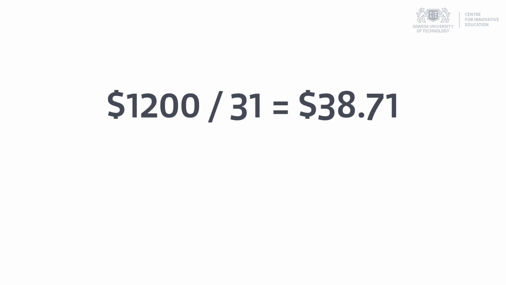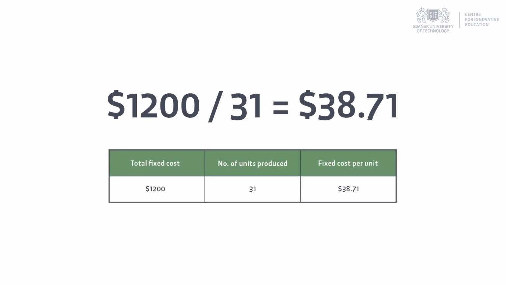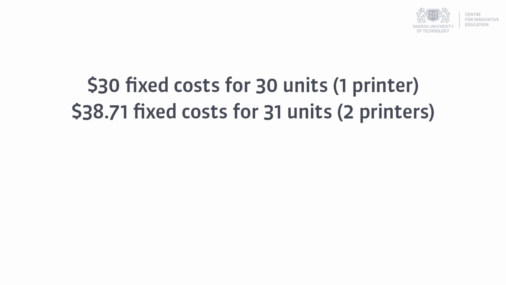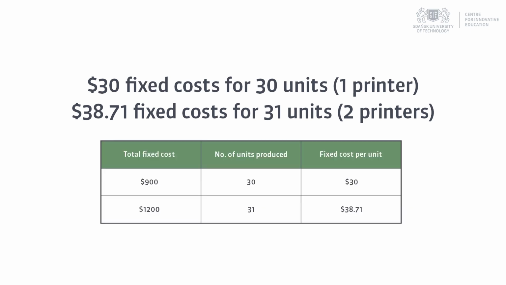Let's see what will happen when you produce 31 prostheses in the next month: 30 on the one printer and an additional 1 on another printer. As you can see, your fixed cost per unit increased from $30 for a production of 30 units to $38.71 for a production of 31 units.